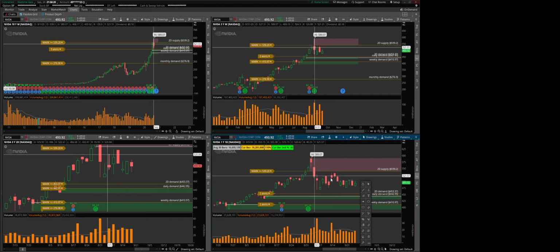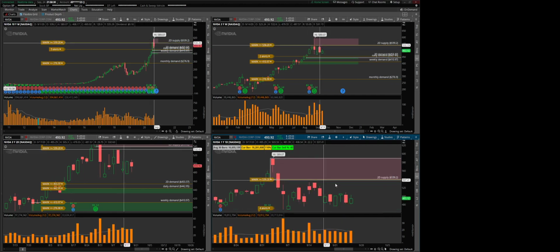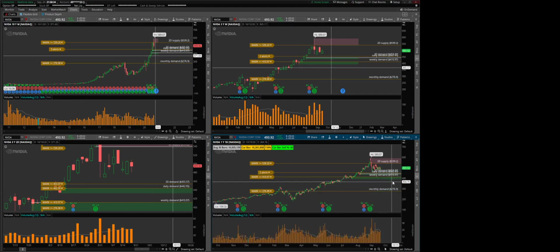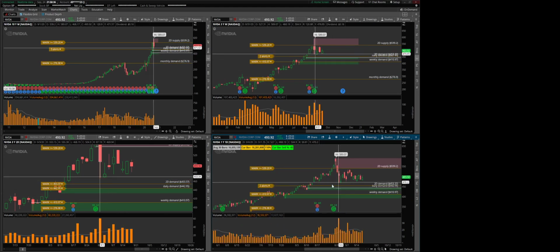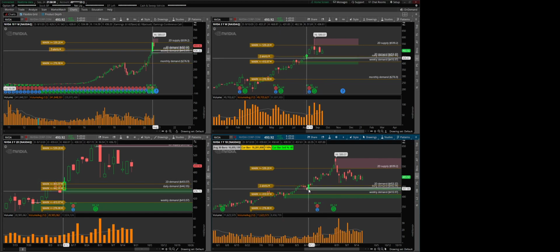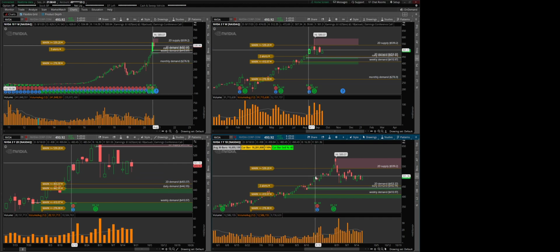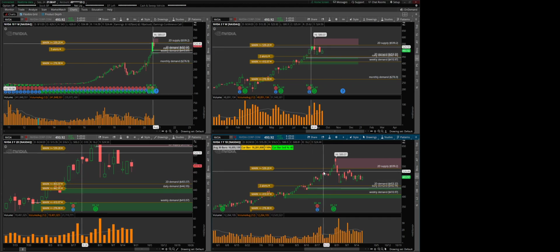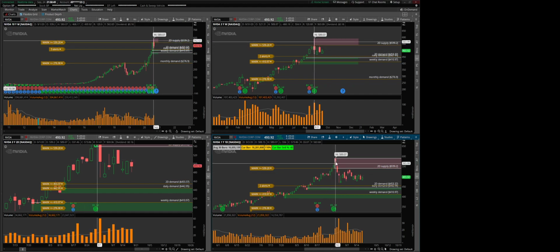Okay, so let me introduce pivots to you guys. Pivots are the turning points in a stock. The major turning points, the ones that are obvious. So here's a pivot right here. We dropped, formed a pivot, rallied up to this high, pivot, higher low, pivot, higher high, higher low, higher high.